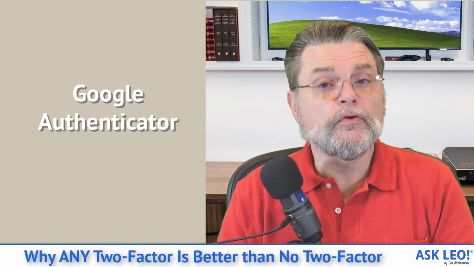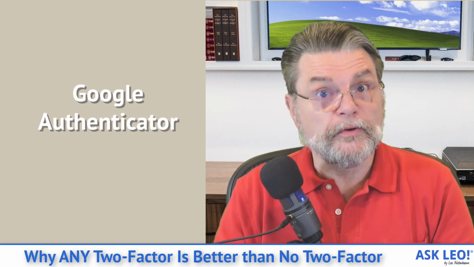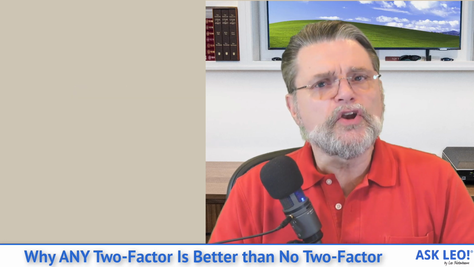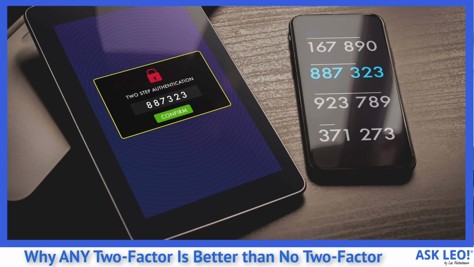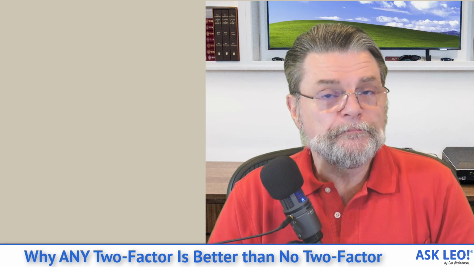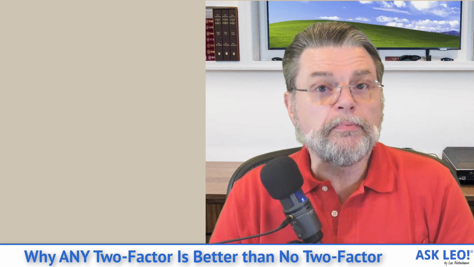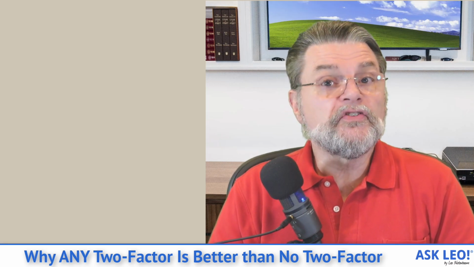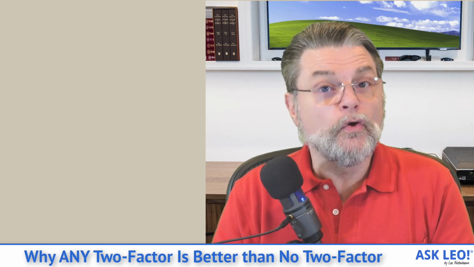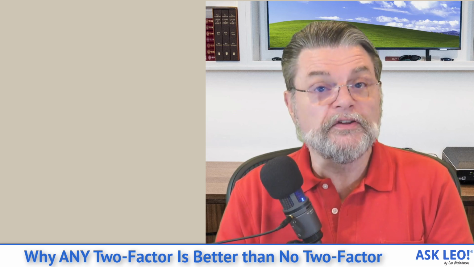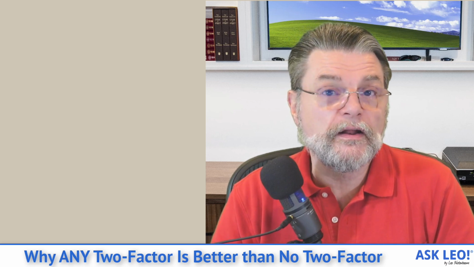Another approach to two-factor, and indeed my preferred approach, is the Google Authenticator. When you set up your two-factor authentication, a cryptographic relationship is set up between your account and the Google Authenticator app. The app starts displaying a 6-digit number that changes every 30 seconds. That is unique to your relationship, that phone's relationship to the service that you set it up on.